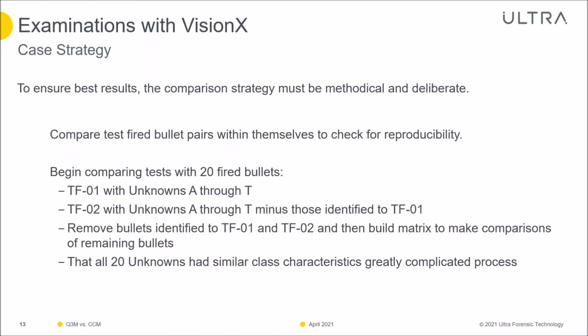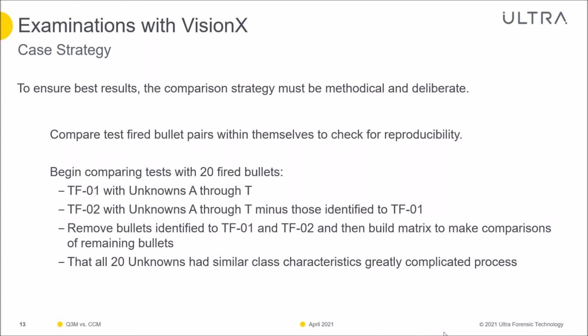I would compare TF-01 with unknowns A through T, and then I compare TF-02 with unknowns A through T minus those that I already identified to TF-01. And then I removed the bullets identified to TF-01 and TF-02, and then I built a matrix to make comparisons of the remaining bullets to make sure that I was comparing all the potential combinations. That all 20 unknowns had similar class characteristics greatly complicated this process.